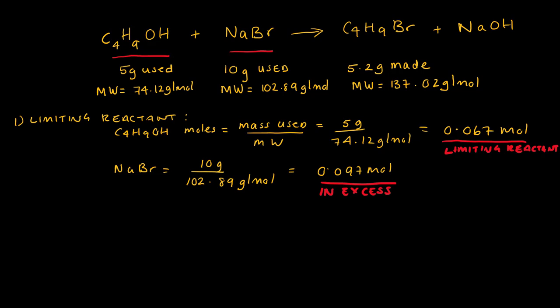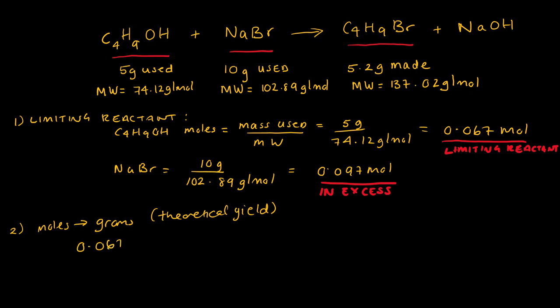And to convert moles into grams, we multiply the number of moles by the molar mass of what we're interested in. And what we're interested in now is our product. So now you're going to go from moles to grams. This is also figuring out your theoretical yield. So as I said, you're going to take your number of moles, which is 0.067 moles, and multiply that by the molar mass of your product, which is 137.02 grams per mole.